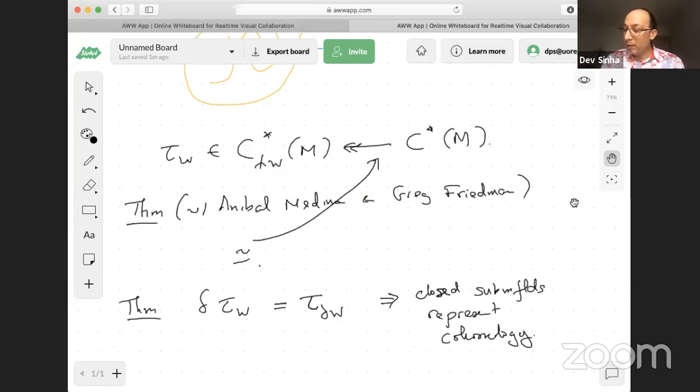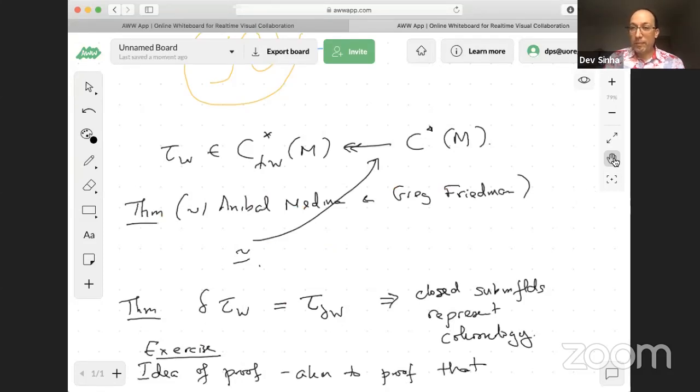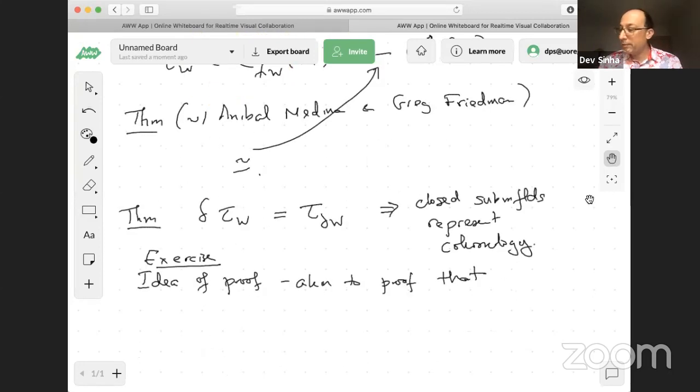I won't give the proof, let me give just the idea of proof, and we can call this an exercise. The idea of the proof is it's akin to the proof that the degree is well defined.